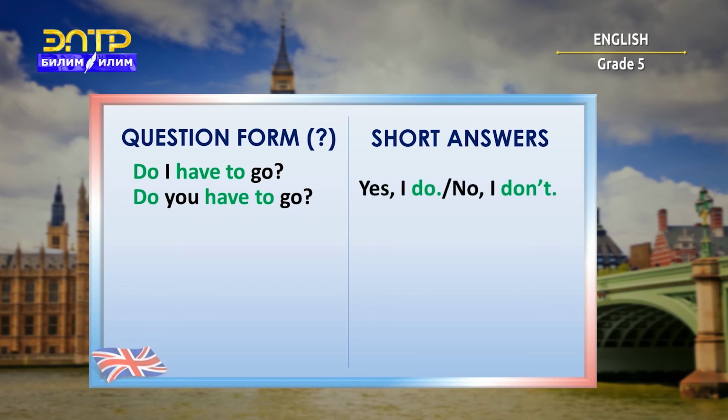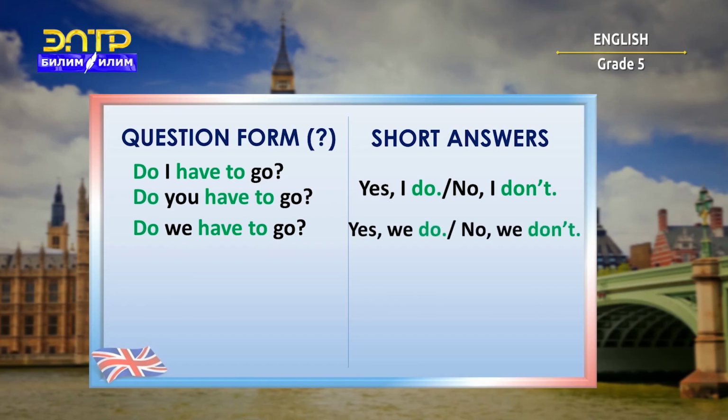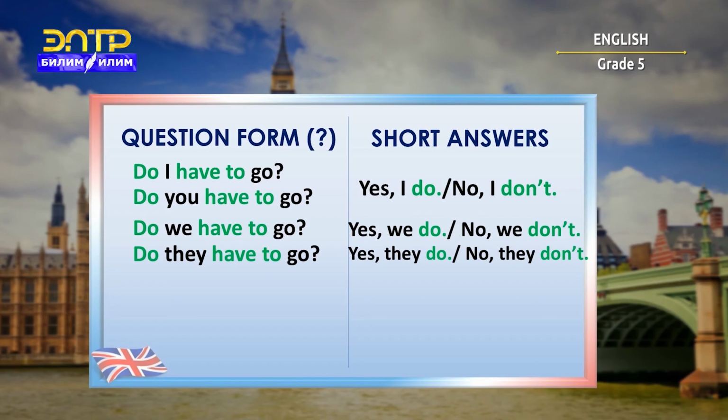And the short answers are yes, I do. No, I don't. Do we have to go? Yes, we do. No, we don't. Do they have to go? Yes, they do. No, they don't.